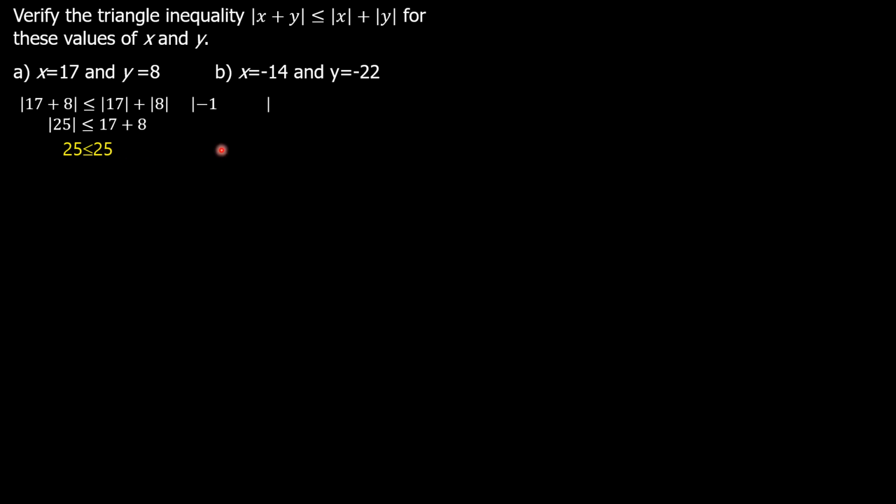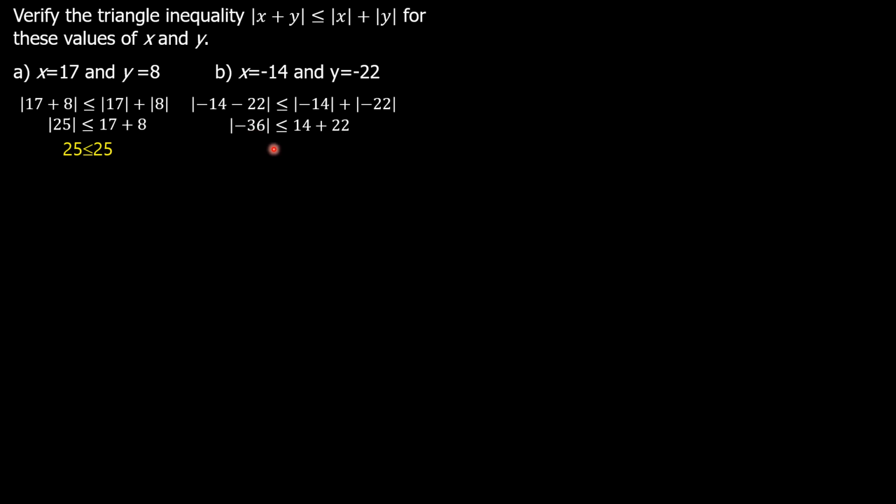Next, absolute value of negative 14 plus negative 22 is less than or equal to absolute value of negative 14 plus absolute value of negative 22. So this is absolute value of negative 36, which is 36, less than or equal to 14 plus 22. So absolute value of negative 36 is 36, while 14 plus 22 is also 36.